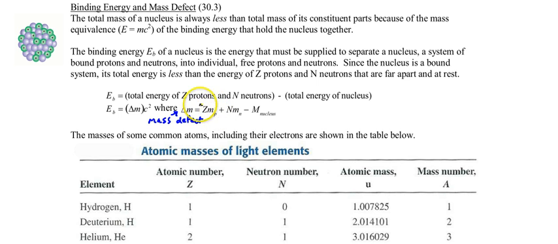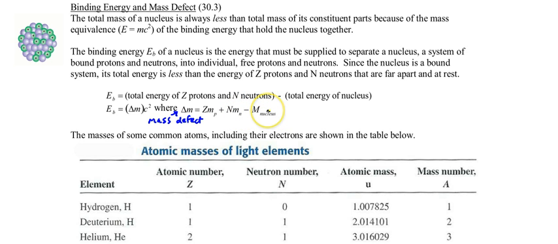So this would be the total mass of all the protons in this nucleus, plus N, which stands for the number of neutrons, multiplied by the mass of the neutron. So this term would really be the mass of all of the neutrons, minus the mass of the nuclide.